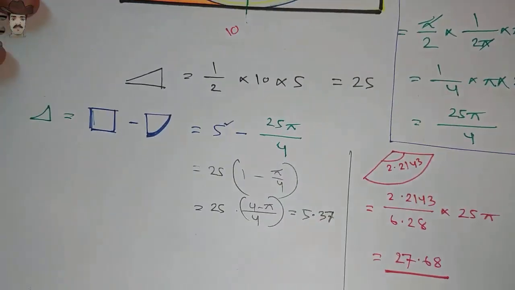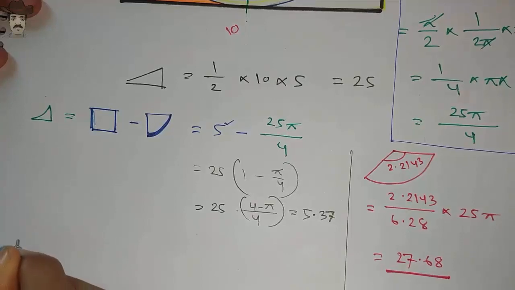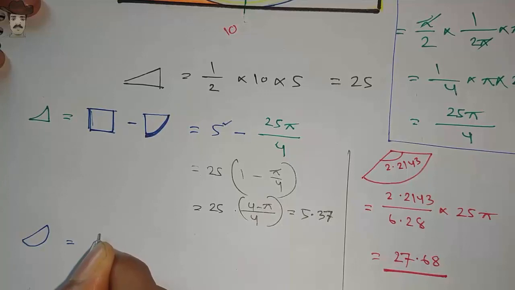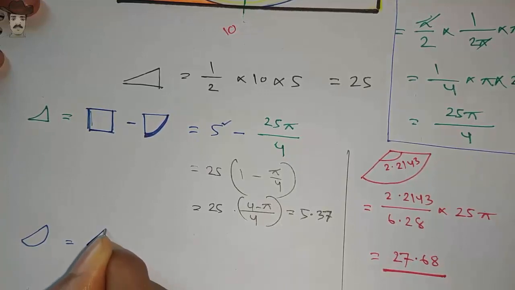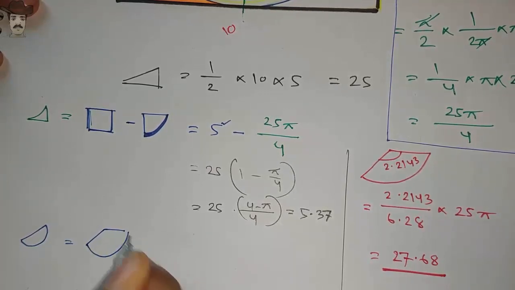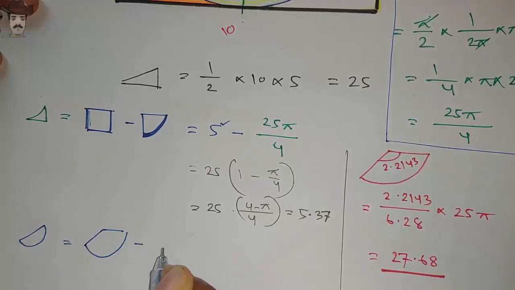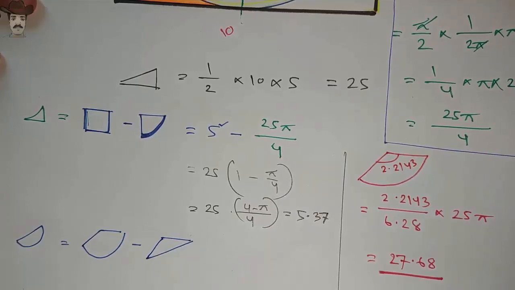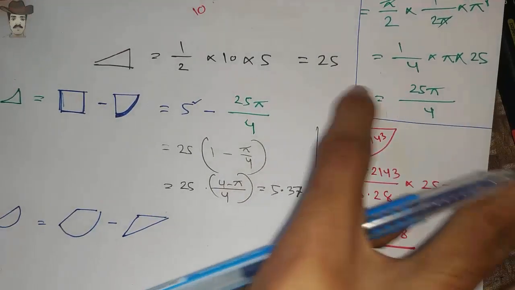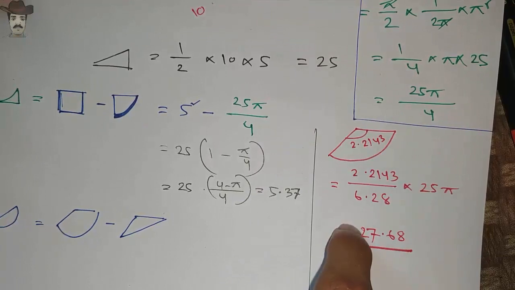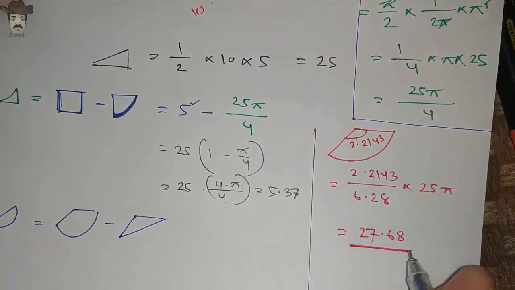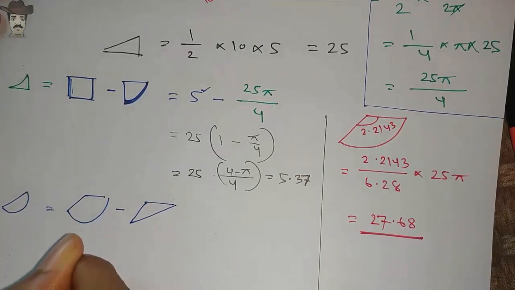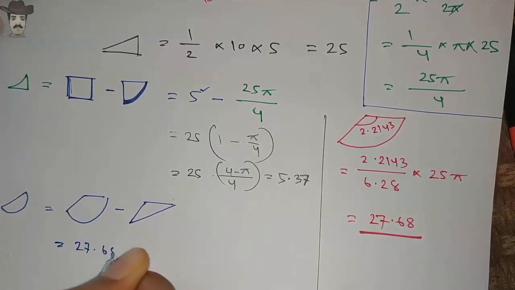To get that, first we have to take the area of this circular sector, and from that subtract the area of this triangle. We have already calculated the area of the circular sector, which is 27.68 units.